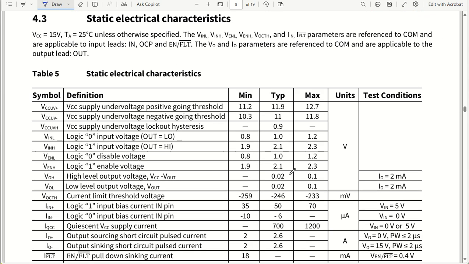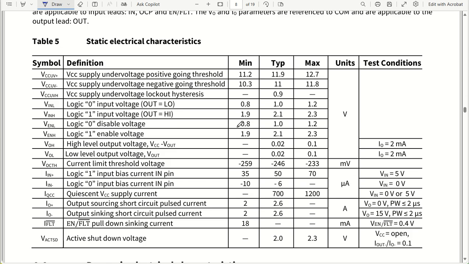If you talk about static electrical characteristics, let us say my VCC is 15 volt and the ambient temperature is considered as 25 degrees centigrade unless otherwise specified. These are very simple. We have the supply undervoltage lockout, which is going to be 11.9 volts, so the system will not start unless my voltage has reached the maximum 12.7 volt or 11.9 volt.